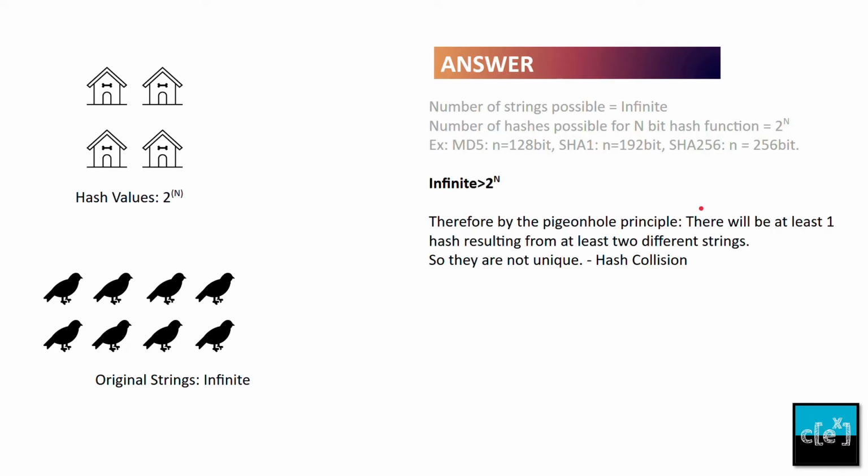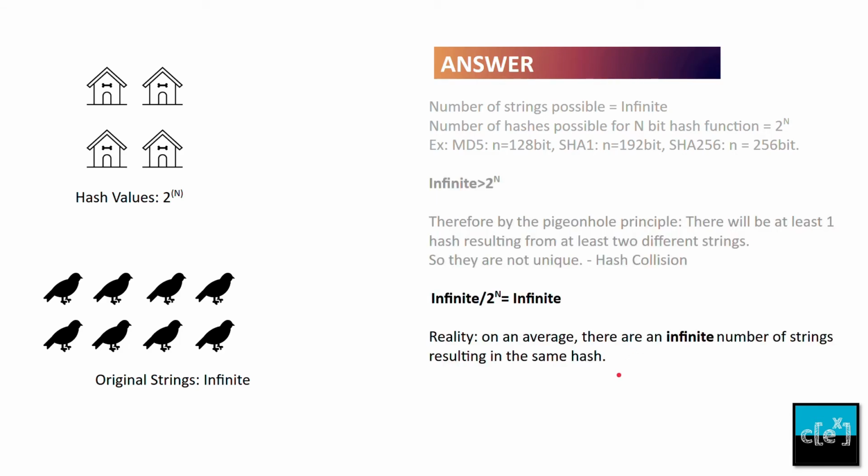Now since infinity is much greater than 2^n, there will be at least one hash that will be generated from at least 2 different strings. So they cannot be unique. This phenomenon in which 2 or more different strings result in the same hash is called hash collision.